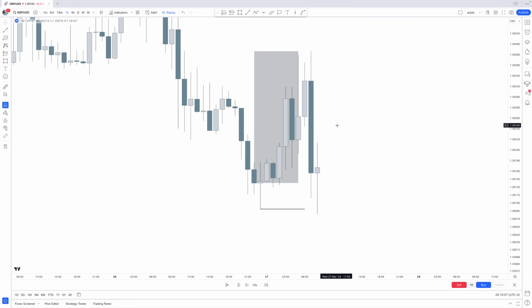The first sign that we oftentimes have is when we take out the liquidity point. If it's a sweep of liquidity, we will not have a fair value gap exactly overlapping with the liquidity point that we just took. For example, right here on the 1 hour time frame we take out that swing low, the liquidity point, and we do not create a fair value gap exactly overlapping with this low. That's the first sign.